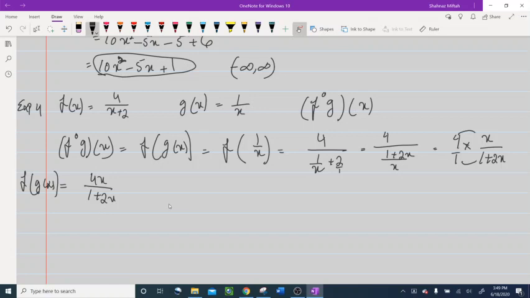If I make the denominator equal 0, it's going to give me 2x equals negative 1, and dividing both sides by 2, x equals negative half. This negative half will make my denominator 0, which means it is excluded. So the domain is all real numbers except negative half. Okay, so that's what happened there.